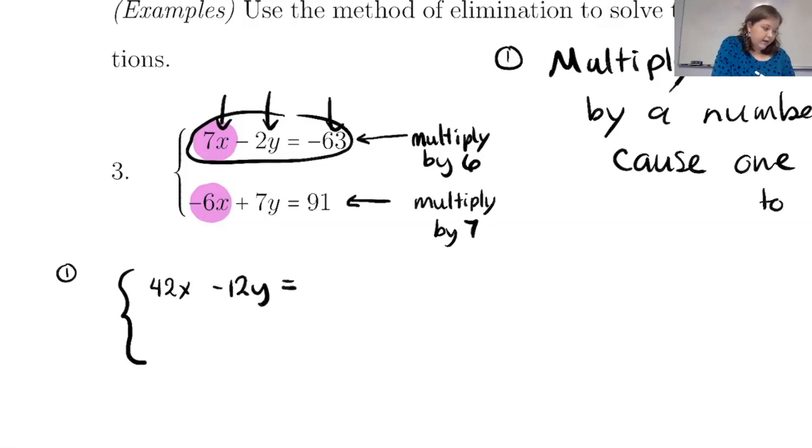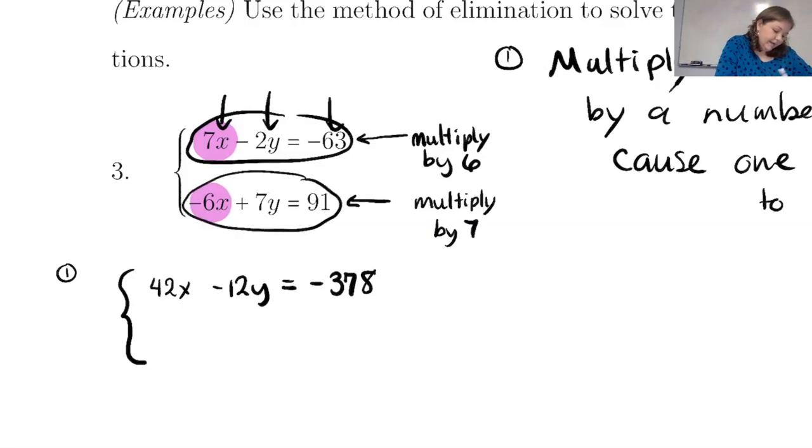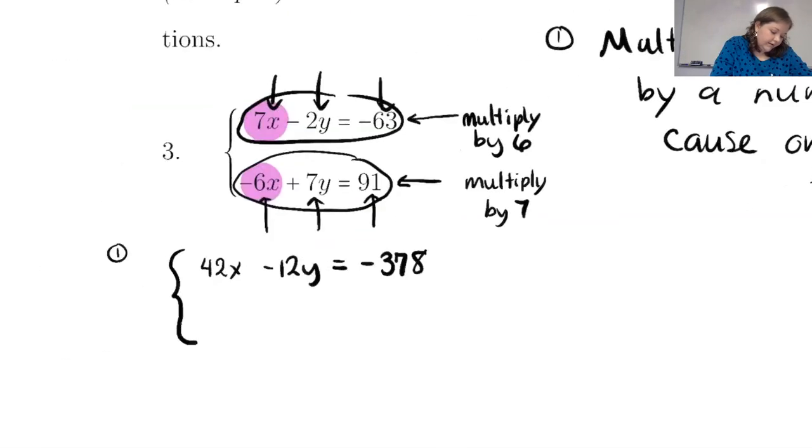And then negative 63 times 6 is negative 378. So you may have to use a calculator to get that. I worked this out beforehand. So the second equation, we're going to multiply by 7, and we need to multiply every single term, so all three of those. So negative 6x times 7 becomes negative 42x.